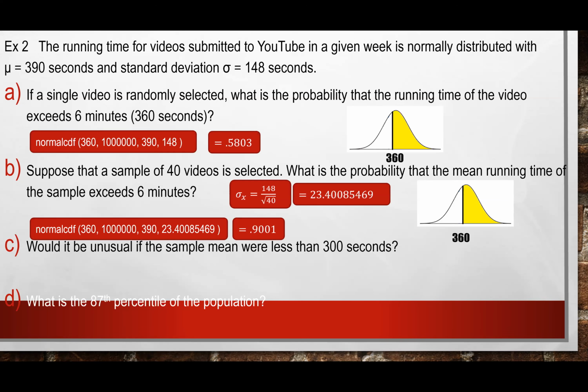If you look at this, this is just the main difference between the two, right? One of them, because we deal with the population, we're using the same population standard deviation, but because we deal with the sample, we have to make this adjustment, and the adjustment we call the standard error.